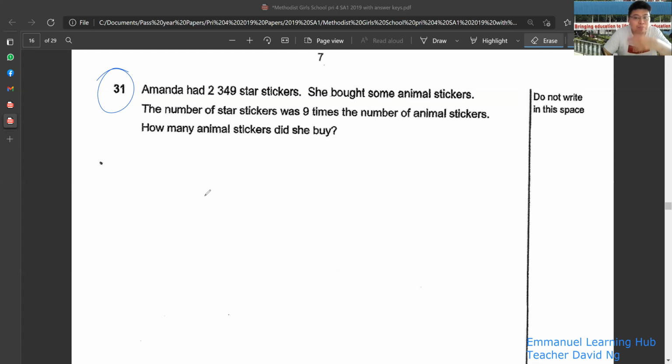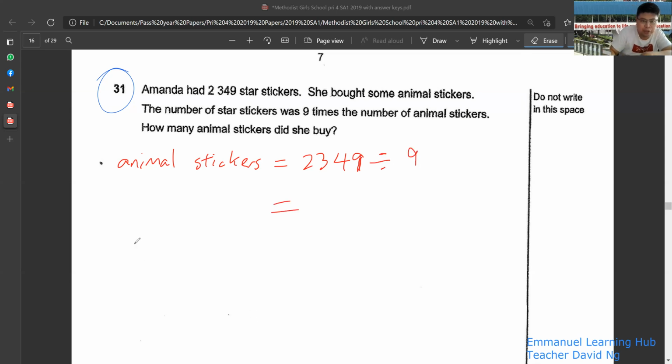What must you do? Animal stickers equals 2,349 divided by 9. Yes. Very good.